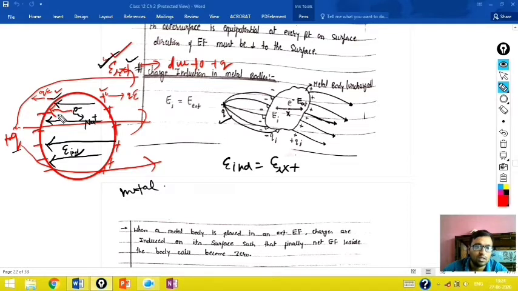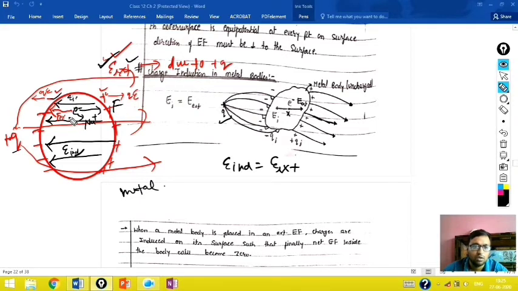Due to this red one, this red symbol means this is F external, and we also have an induced electric field, which is the black one. This induced electric field will also apply a force, and the electron will experience a force opposite to the induced electric field.